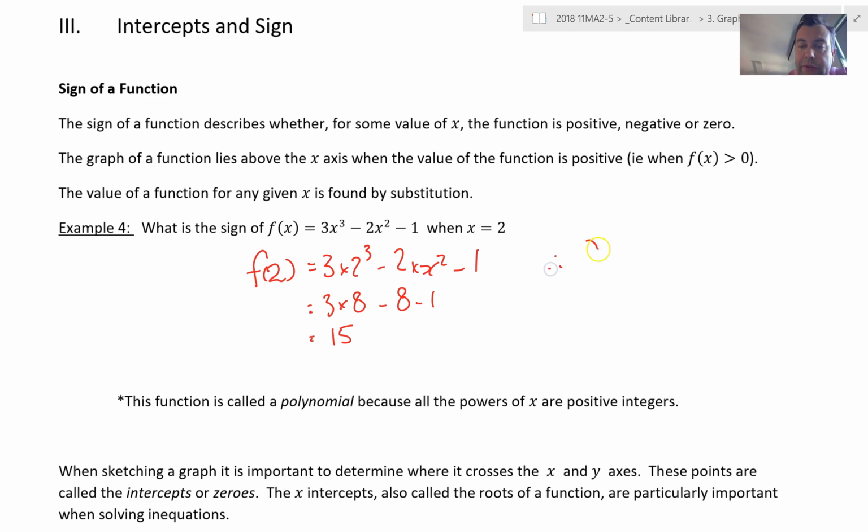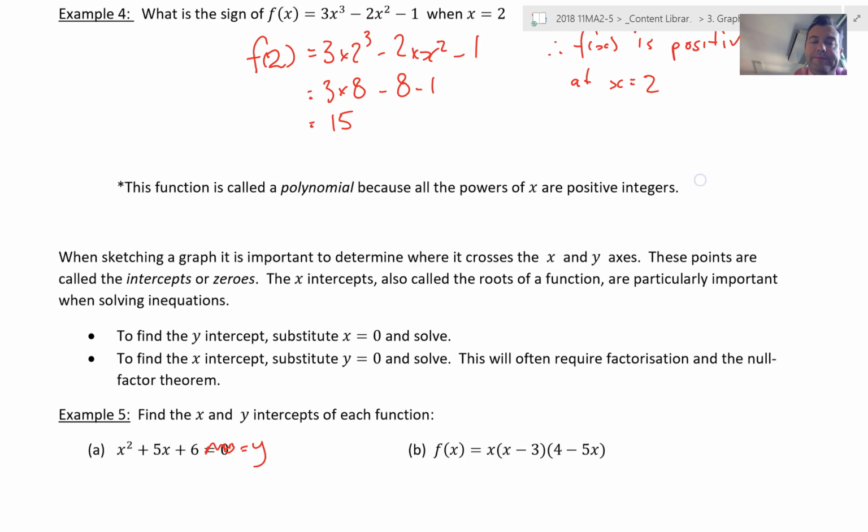So therefore, the function is a positive number, it is positive at x equals 2. We'll use that technique for some other things later on.